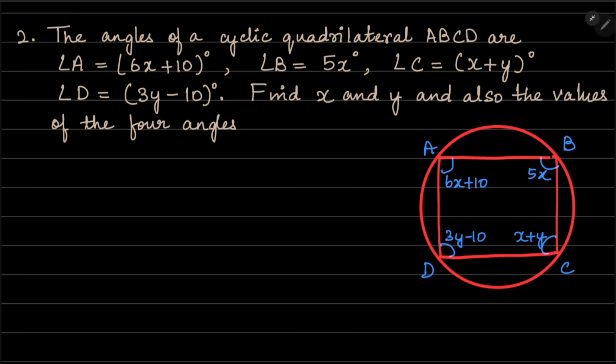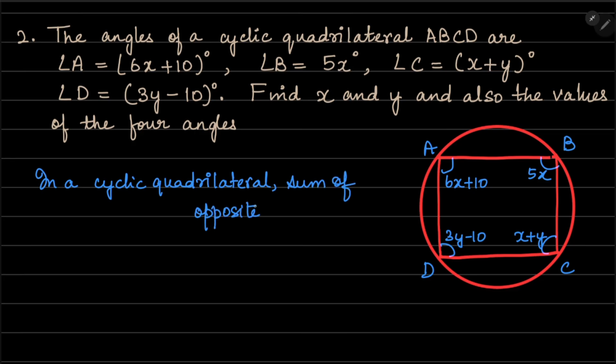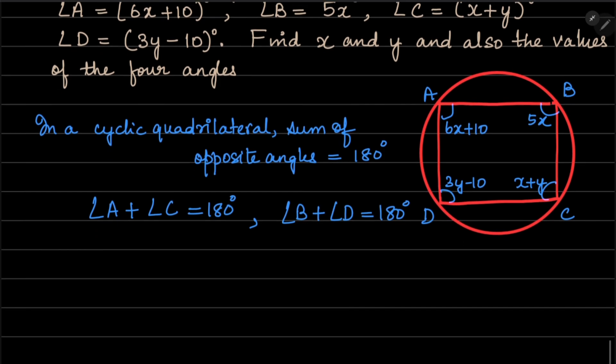What you should know about a cyclic quadrilateral is that the sum of opposite angles is always 180 degrees. So angle A plus angle C is 180 degrees, as well as angle B plus angle D is equal to 180 degrees.